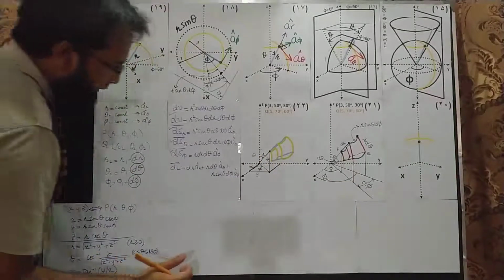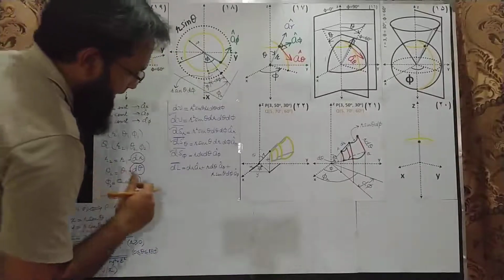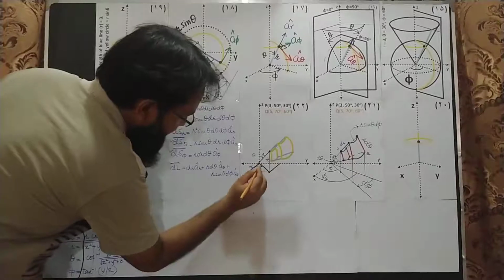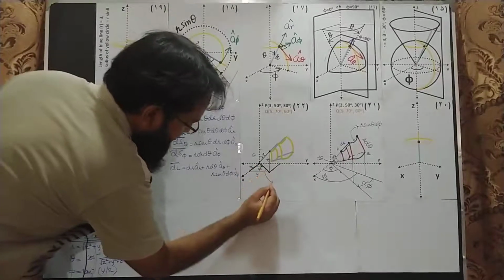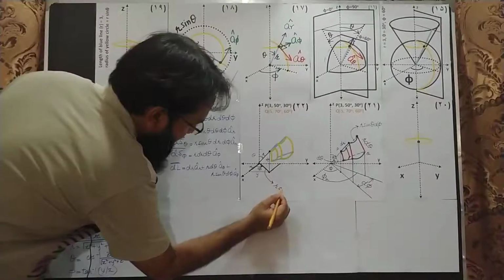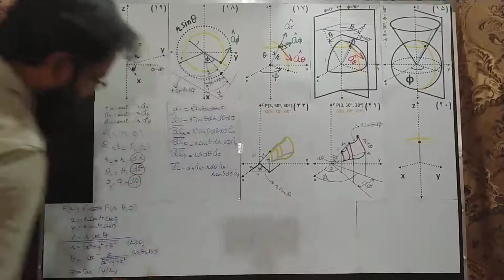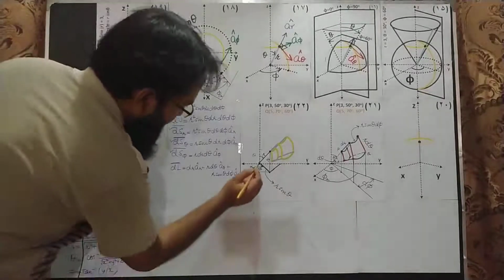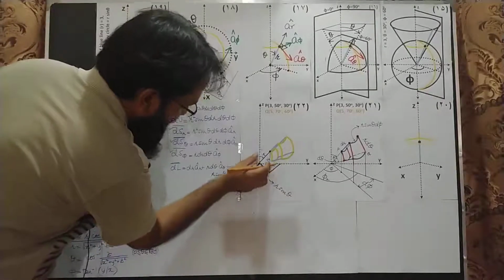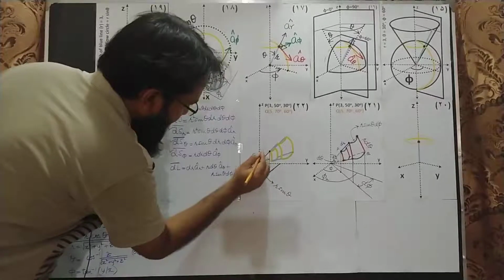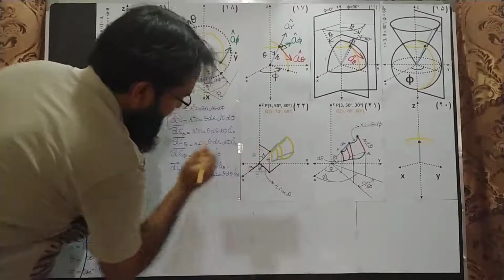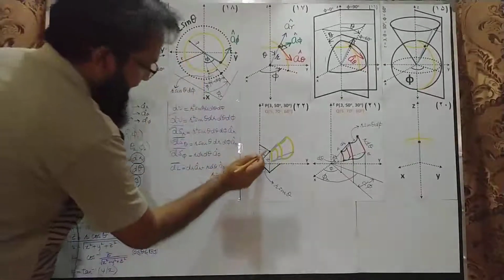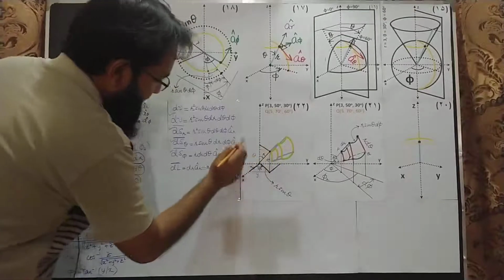Now, why straightforward? We know that the length of this line is what? The length of this line is r sine theta, because if I draw the same parallel line here, this line will be nothing but the radius of the latitudinal lines.